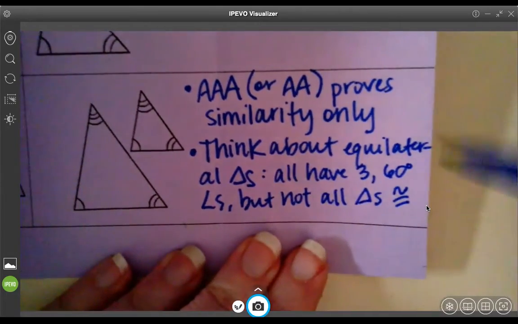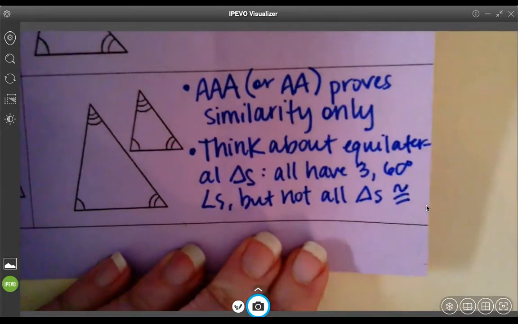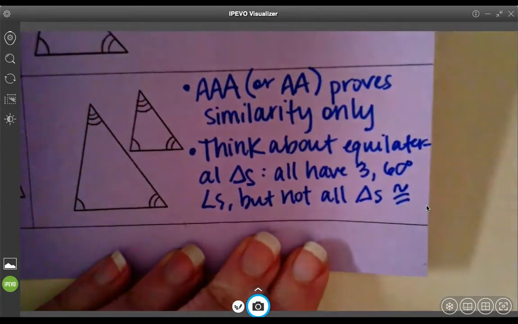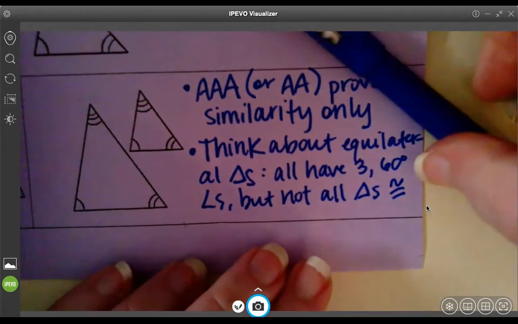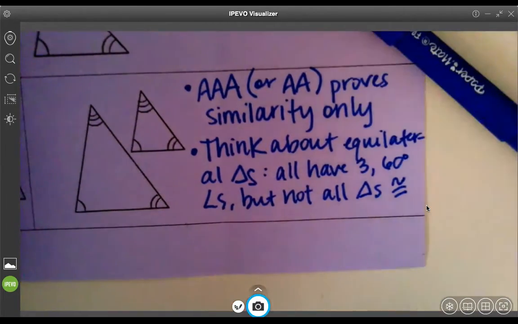So on this first line, I put angle, angle, angle, which is on the outside of the page, or angle, angle, only two A's instead of three, two angles instead of three. If you have two angles of a triangle, you really do know the third one, because all the angles in a triangle are supposed to add up to how many degrees? Good, 180. So if I know two of those angles, I can subtract from 180 to find the third.